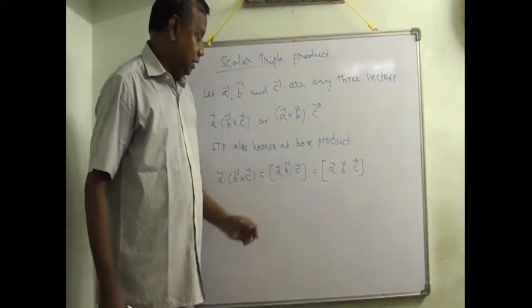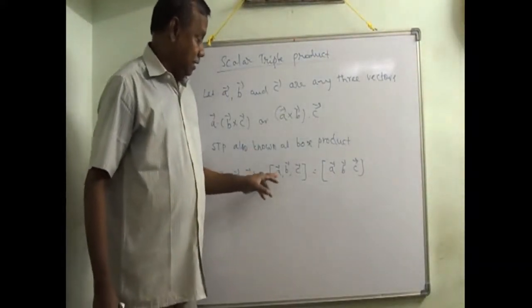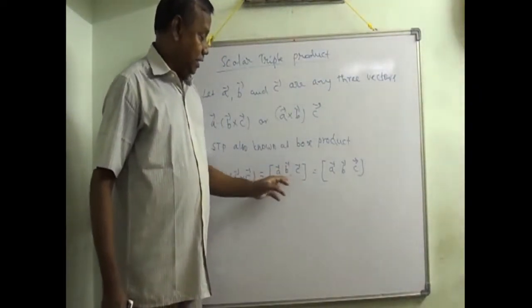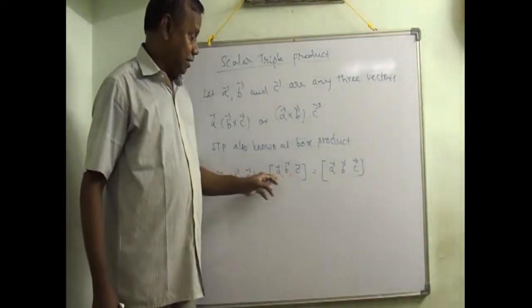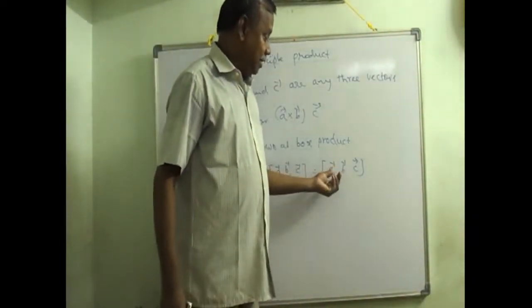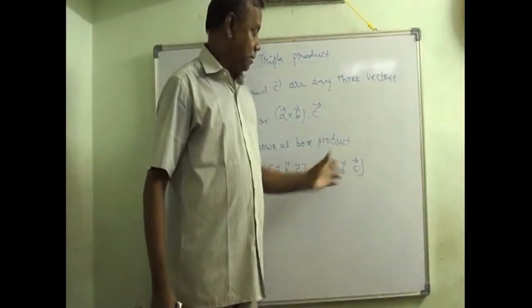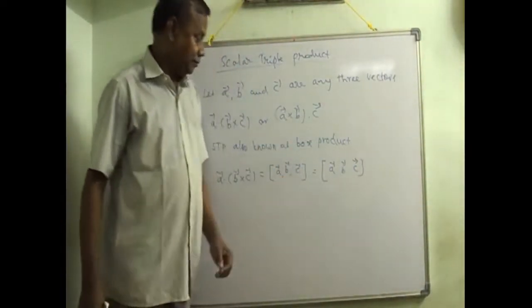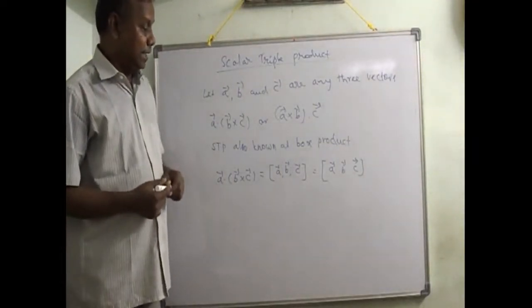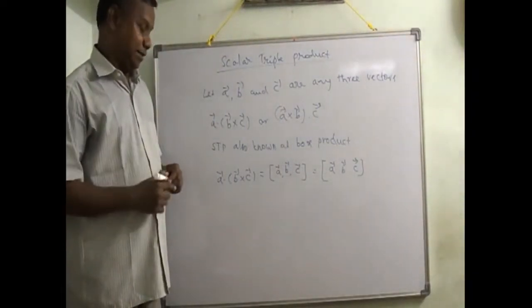The notation can be expressed like a vector comma b vector comma c vector, that is we can separate the vectors by using commas, or we can separate the vectors with a small space. Both are correct.